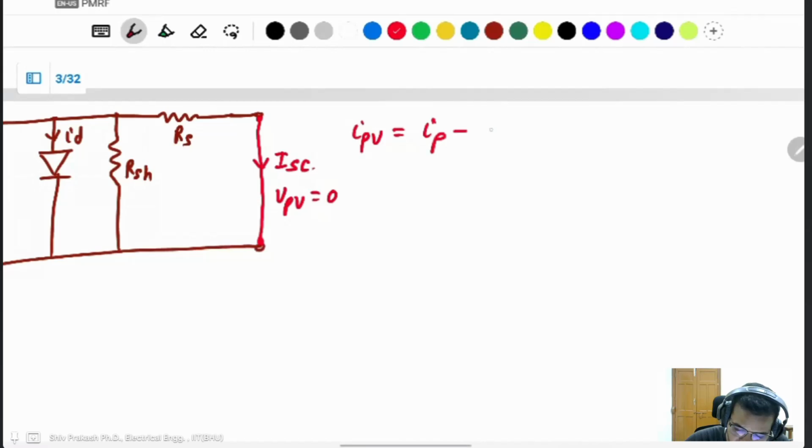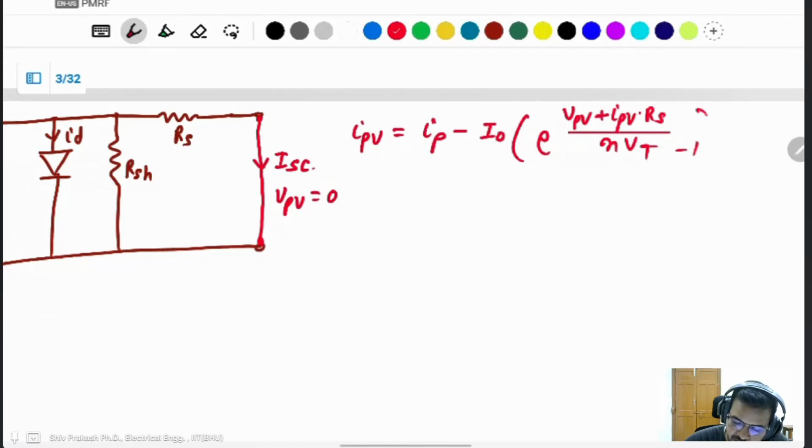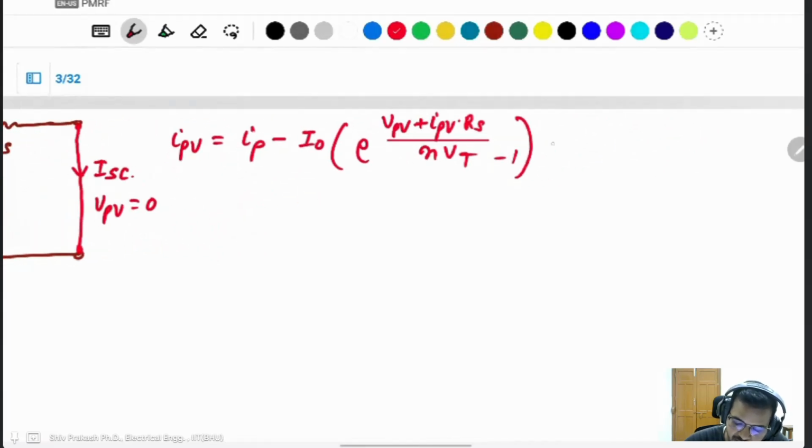ID is equal to I naught e to the power VD, where VD is VPV plus IPV into RS, divided by NVT, minus 1, then minus the shunt current. Shunt current is the same: VPV plus IPV into RS divided by the shunt resistor.